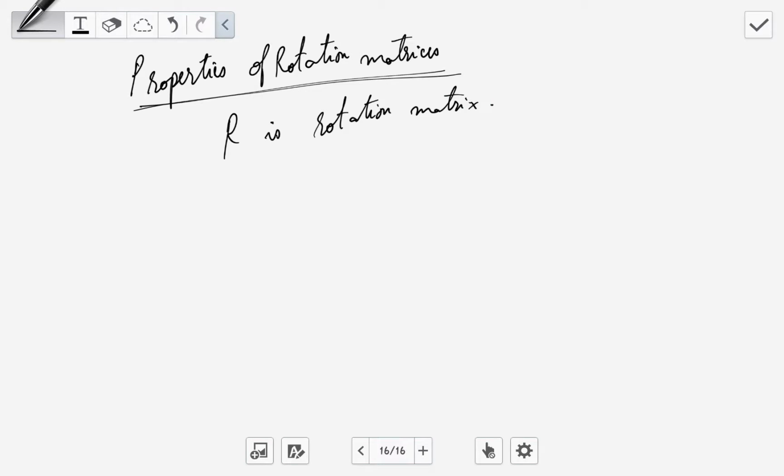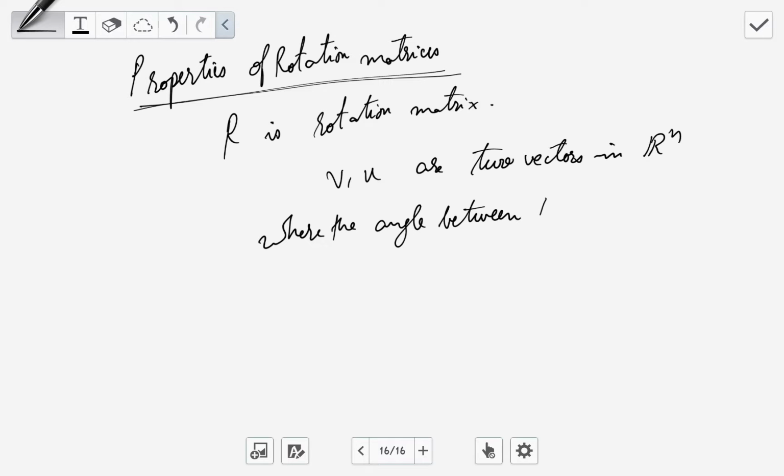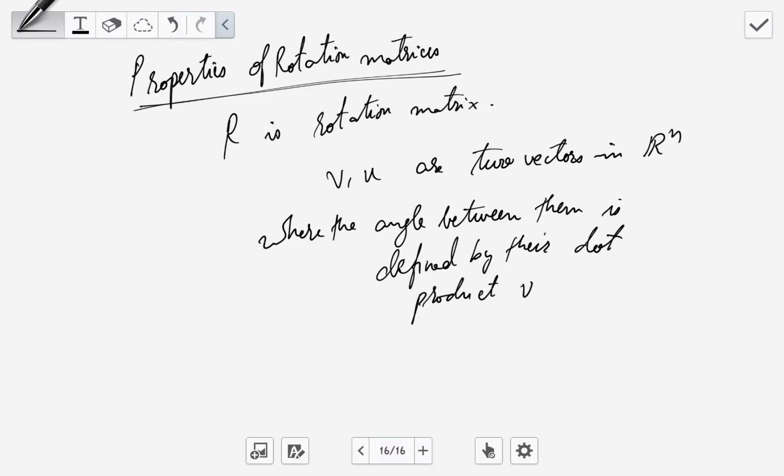What it does is, if V and U are two vectors in R^n, the angle between them is defined by their dot product, which is V transpose U. Say V and U are two unit vectors, so as to reduce our norm notation.